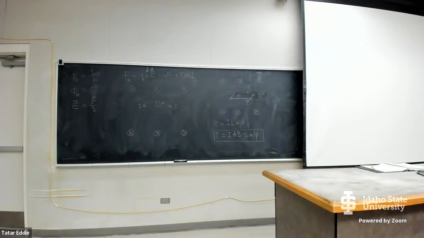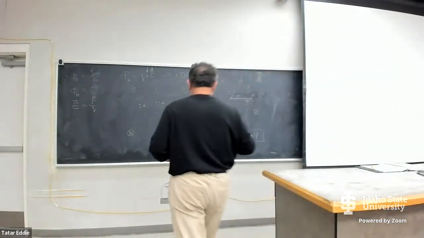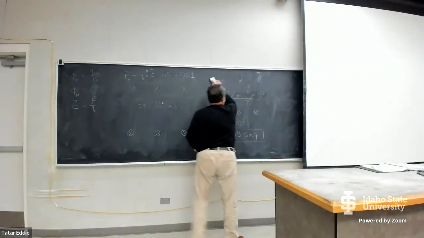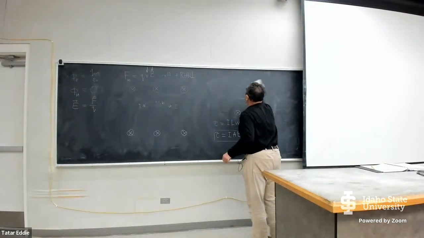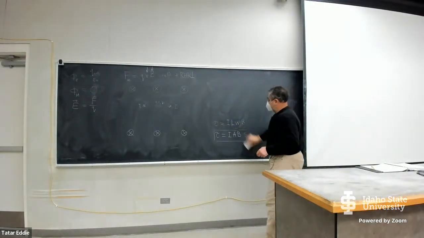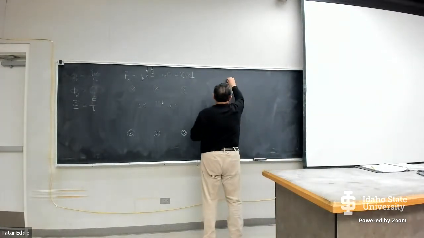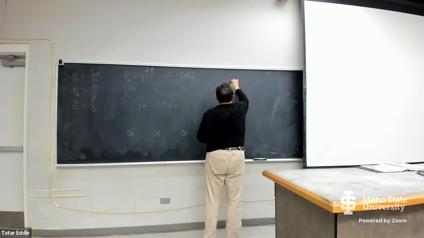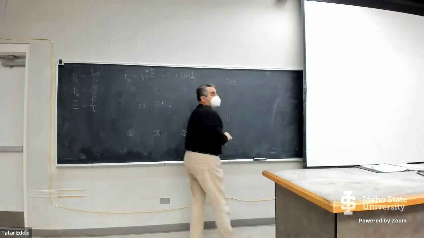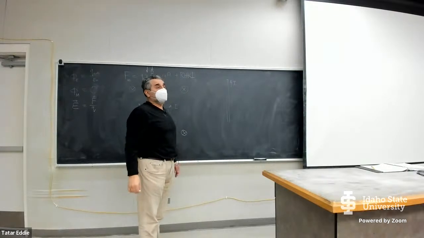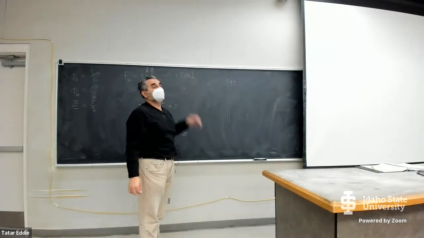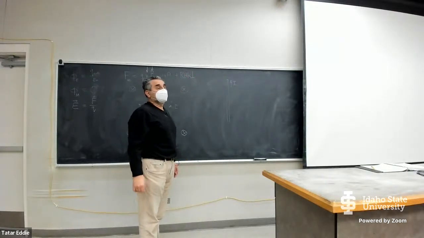So we start with the magnetic field created by current that flows along a straight piece of wire. Let's say you have a current like this, and here is the current flowing in this very long and straight piece of wire. What is the magnetic field created by this current?